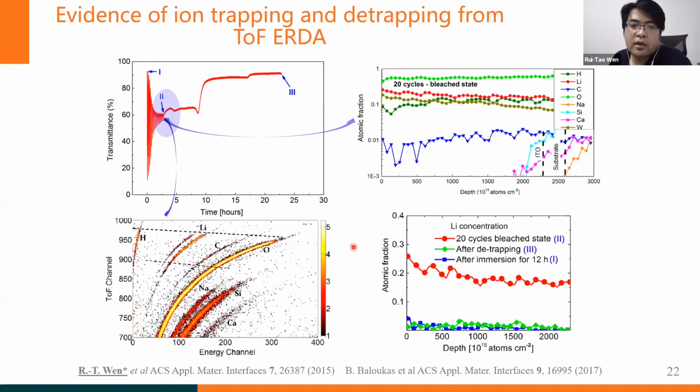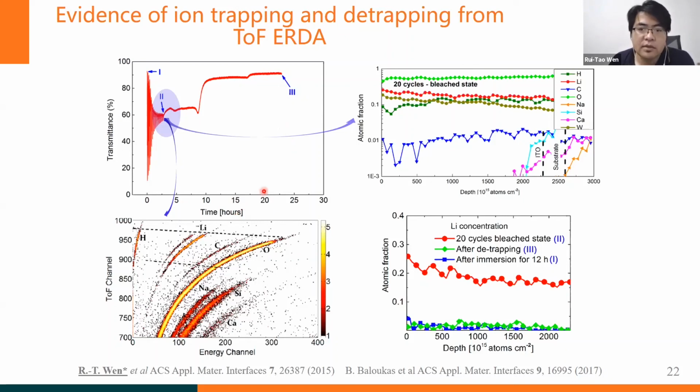As you can see here, we observed like 20% lithium ions in state 2, and almost 0% lithium ions inside of state 1 and state 3, which gives direct evidence that the degradation of our electrochromic films is because of the ion trapping, and we are able to detrap these ions from the traps to yield state 3, which doesn't have lithium ions anymore.